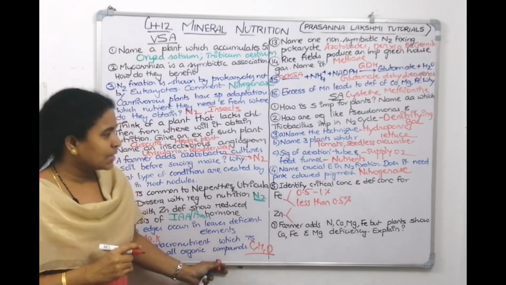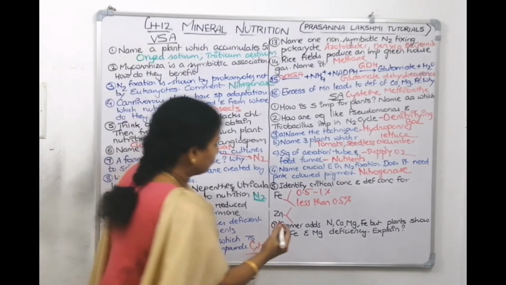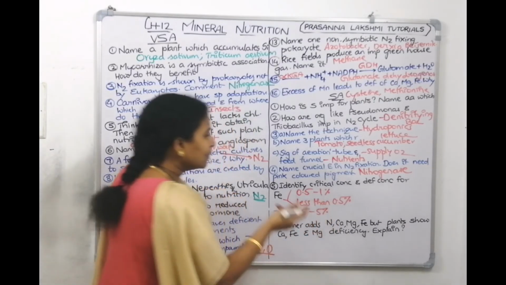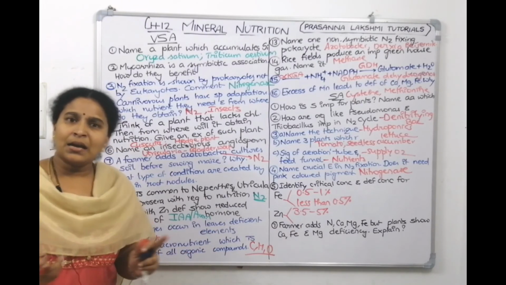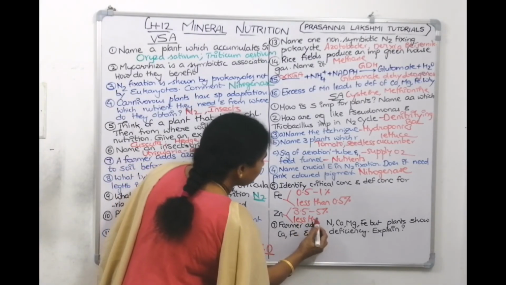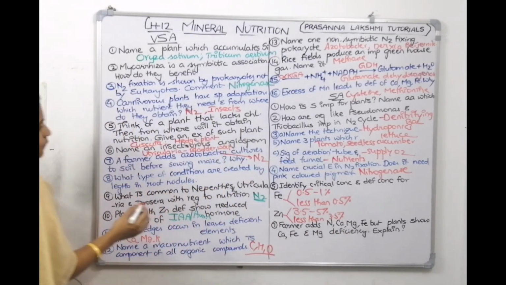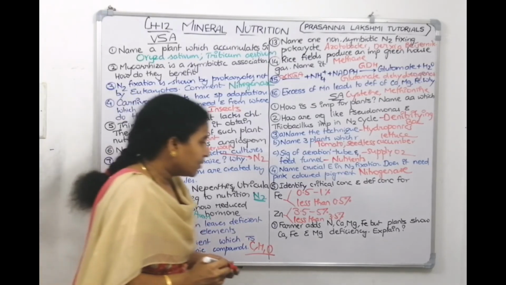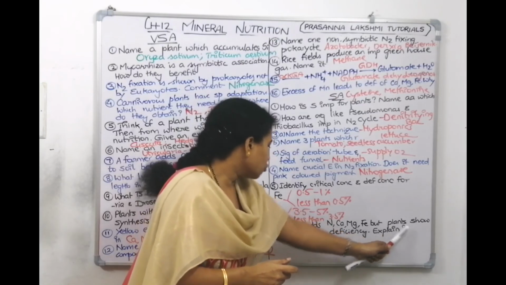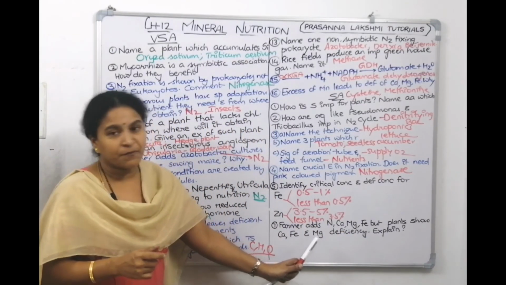Now coming to zinc, what is the critical concentration? 3.5 to 5 we have to tell. The critical concentration is 3.5 to 5 and the deficient concentration for zinc will be less than 3.5. Then farmer adds nitrogen, calcium, magnesium, iron, but the plants show calcium deficiency, iron deficiency, magnesium deficiency.